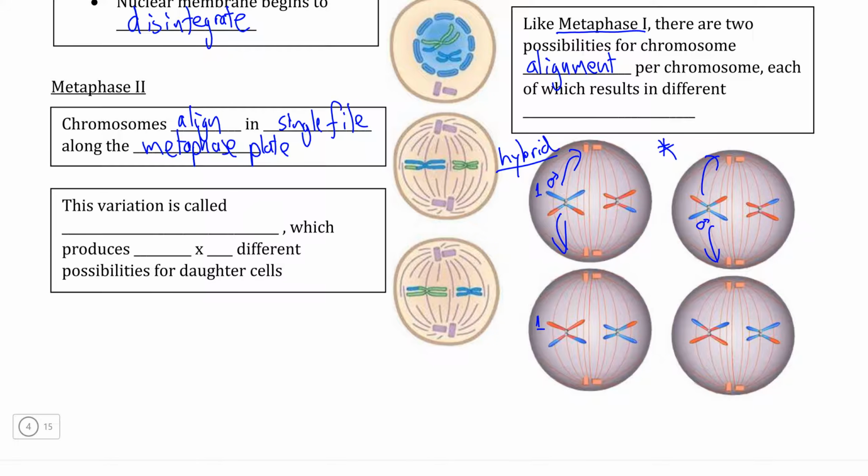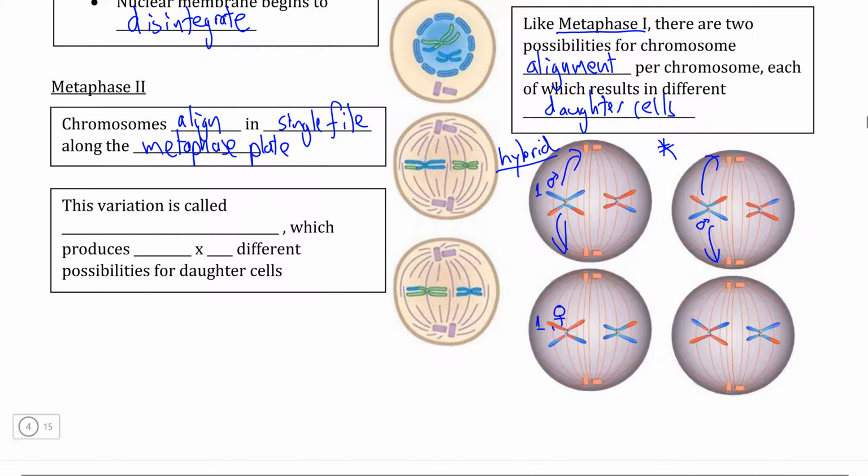So what this results in are different possibilities as to how daughter cells would form depending on which copy of the chromosome migrates to which side of the cell. And this also applies to the other daughter cell. So here we can see that this copy, or this homologue rather, originally was 100% maternal before crossing over happened.